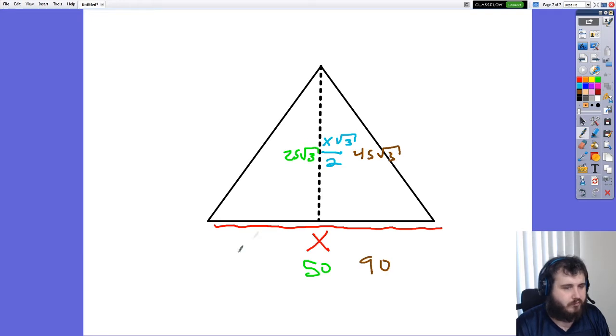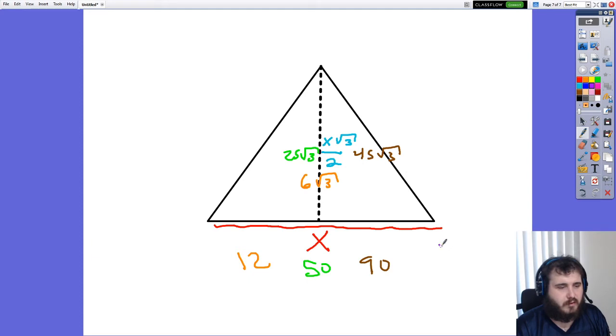This is 12. This one up here will be 6 radical 3. It's basically just take this number, divide it by 2, put a radical on it. And if it's an odd, ugly number, then we can suffer with that.